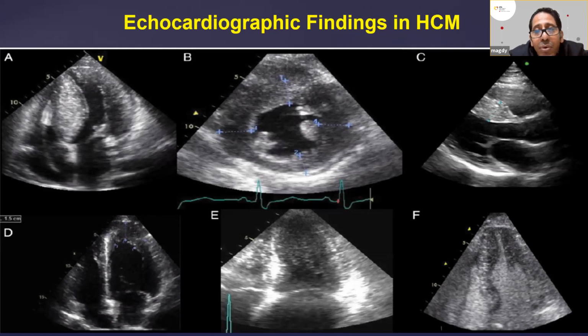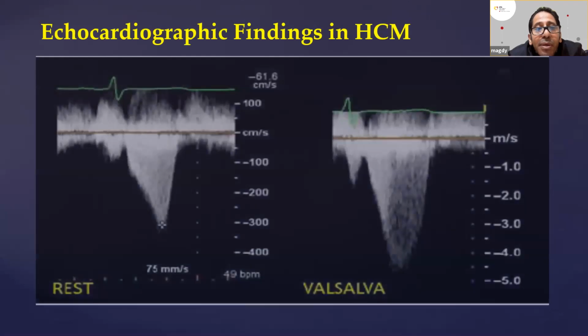Parasternal long axis view showing the hypertrophied septum compared to the posterior wall, and we can see in D the apical hypertrophic cardiomyopathy, and E, apical hypertrophic cardiomyopathy without contrast, and the last picture showing the use of contrast, and we can see the opacification of the ventricle and apical hypertrophic cardiomyopathy.